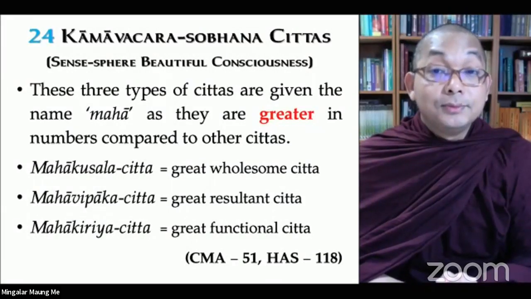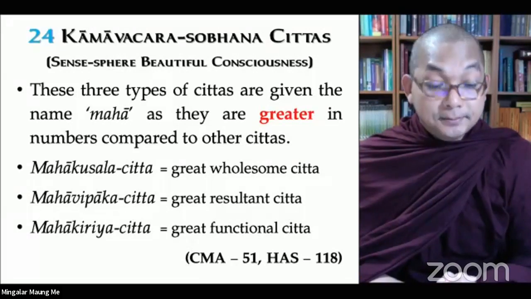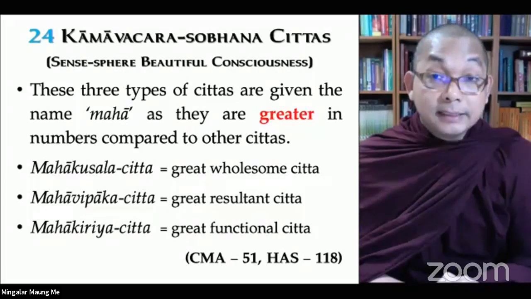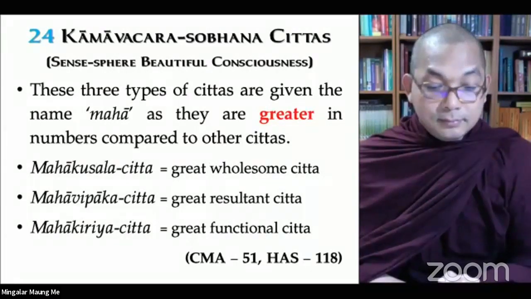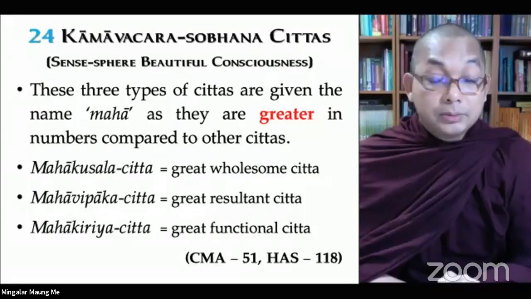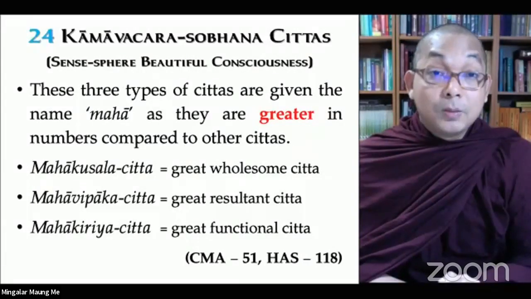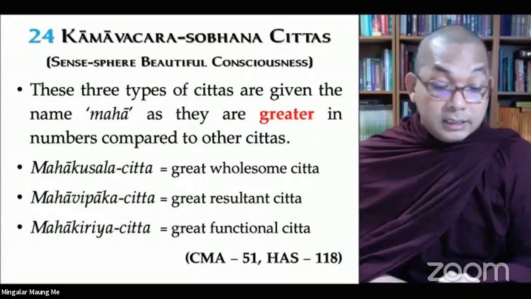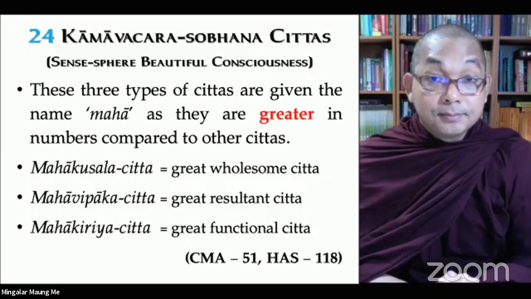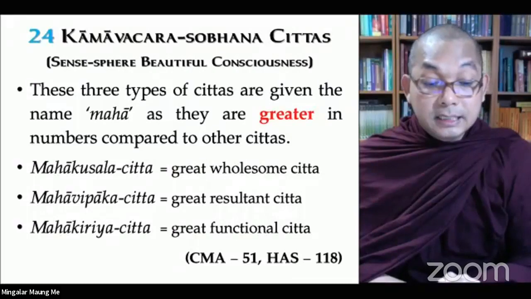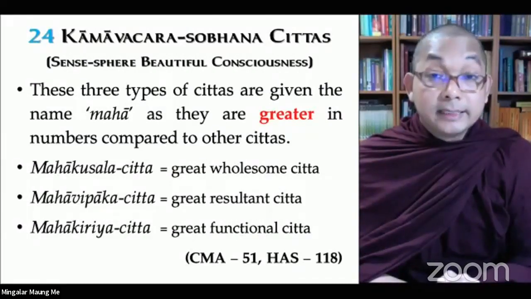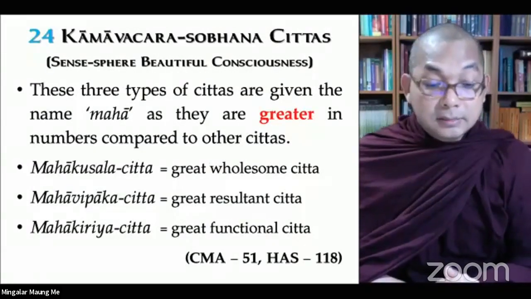Try to take note of this: Maha Kusala, Mahavipaka, Mahakriya. Kamavachara Kusala Chaita, Kamavachara Vipaka, Kamavachara Kriya. In other words, we can say Mahakusala, Mahavipaka, Mahakriya. In Myanmar, we use the word Maha: Mahakusala, Mahavipaka, Mahakriya.